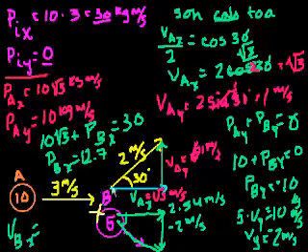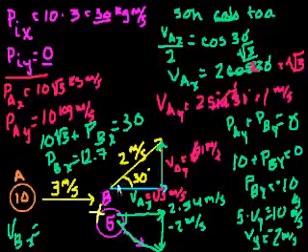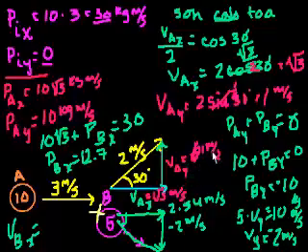And then we knew that after they hit each other, ball A ricochets off at a 30-degree angle at 2 meters per second. We used that information to figure out the x and y components of A's velocity. A's velocity in the y direction was 1 meter per second, and A's velocity in the x direction was square root of 3. And we used that to figure out A's momentum in each direction.